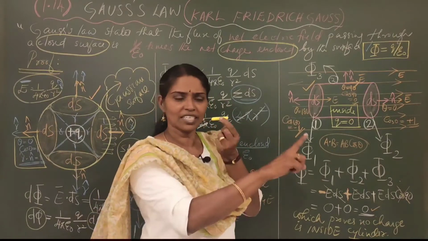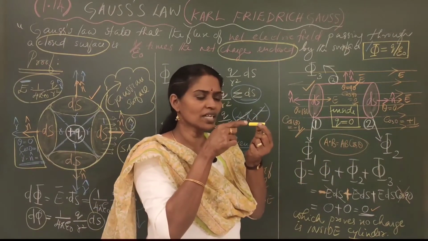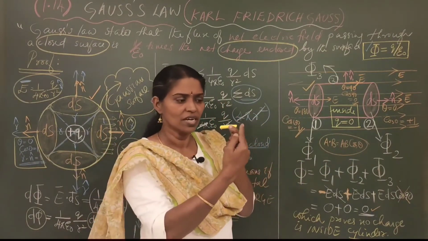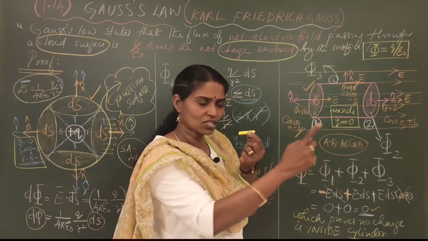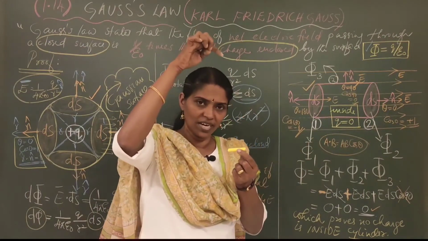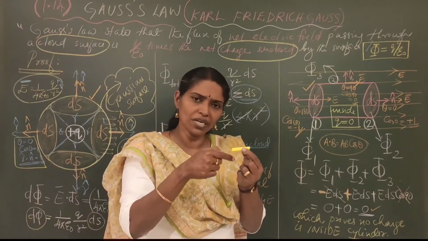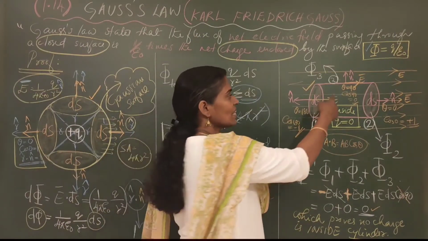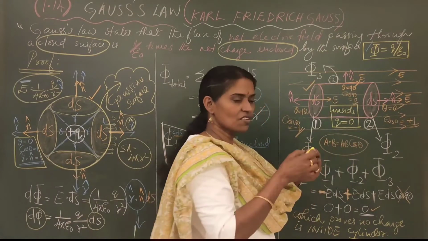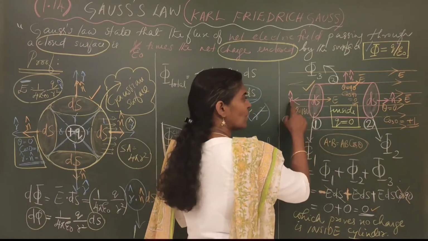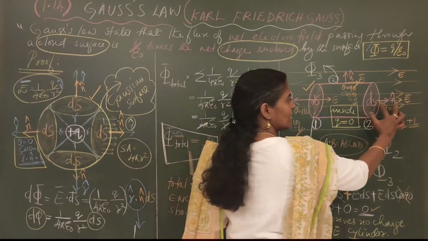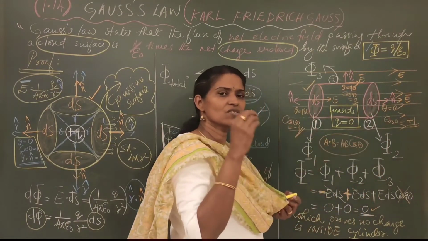Here the outward normal is in this direction, here in that direction, here in this direction, right? Wherever on the curved surface it is perpendicular to the field, means theta is 90. Here theta is 180, opposite. Here it is 0. Find out the values.